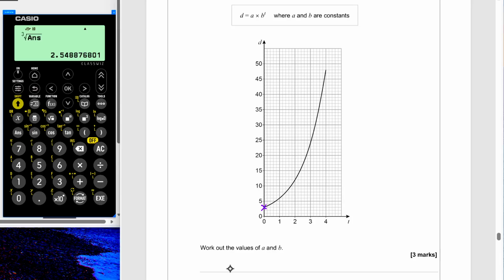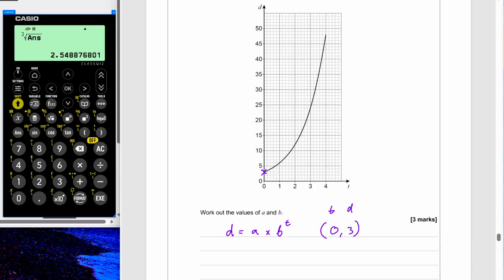So if we're using d is equal to a times b to the power t, and we're going to use the coordinate 0, 3. T and D. So 3 is equal to a times by b to the power 0. Anything to the power 0 is 1, so that means that a must be equal to 3.